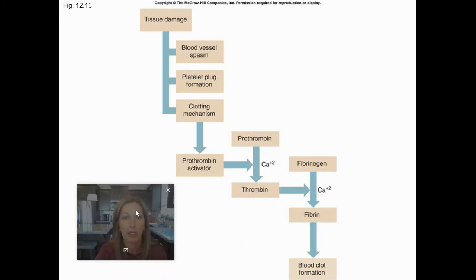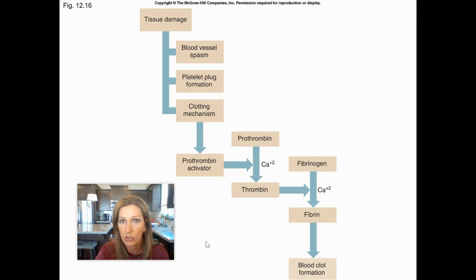This diagram here, in case you're interested, shows you the cascade effect of this transition from these proteins that exist and how we start getting blood clot formation. It's not just a one-step process. We have this protein called prothrombin that has to get converted to thrombin, and then that thrombin can convert this fibrinogen that also exists into fibrin to start creating this clot, because we don't want blood clotting to just happen randomly.